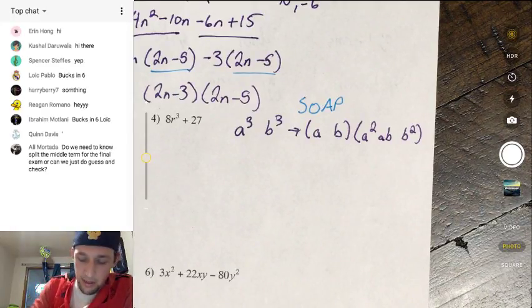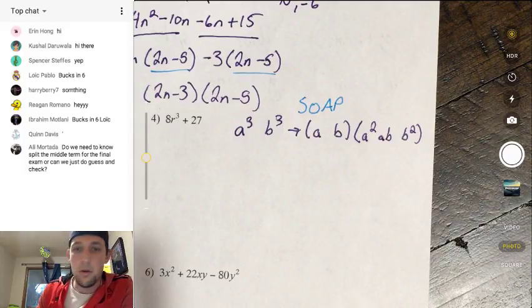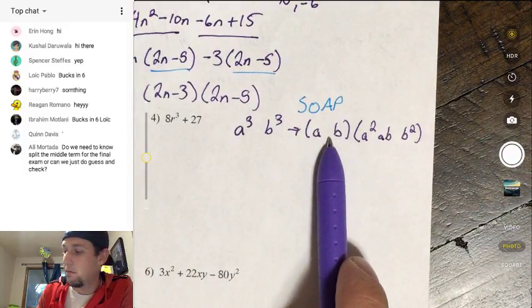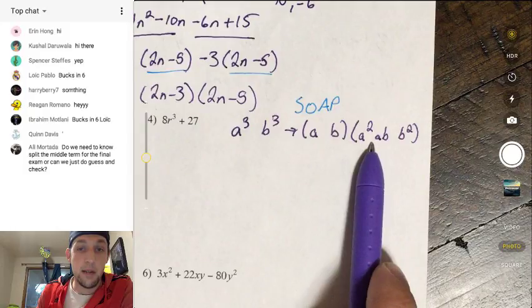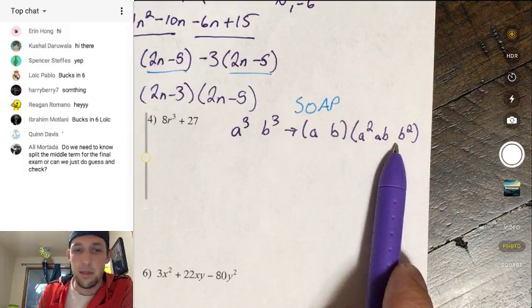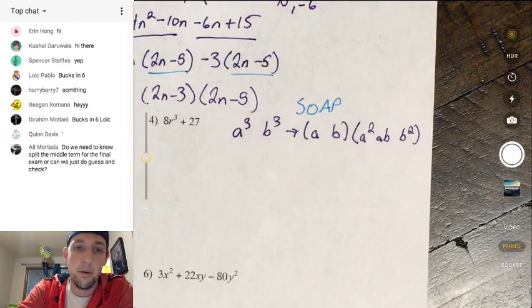So basically you're inputting 3 symbols in there. You're putting one between A and B, one between A squared and AB, and one between AB and B squared, right? So you're putting the same one in the first one, the opposite one in the second one, and the last one's always a plus sign.